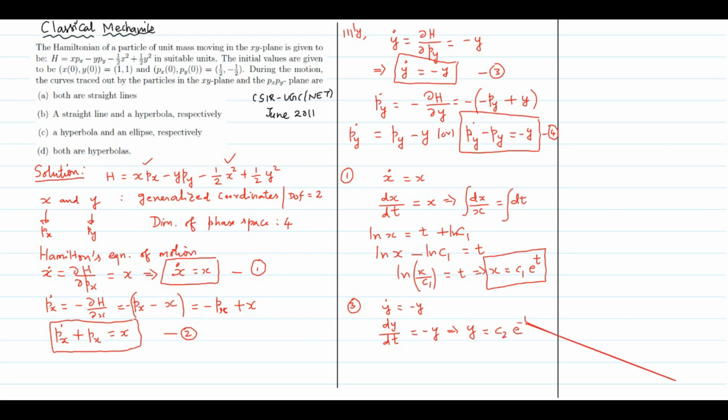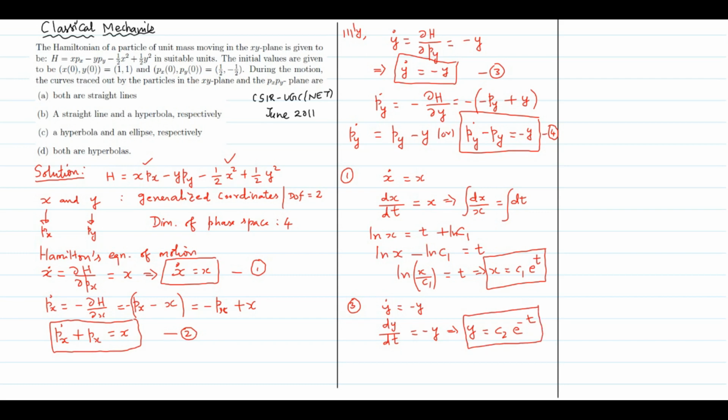You can try the same method and you will get this. Wherever you see t, you can substitute minus t here, because there is a minus sign. By the variable separable method, you get dy by y, and dt goes there with a minus, and integrating you will get this as the answer.